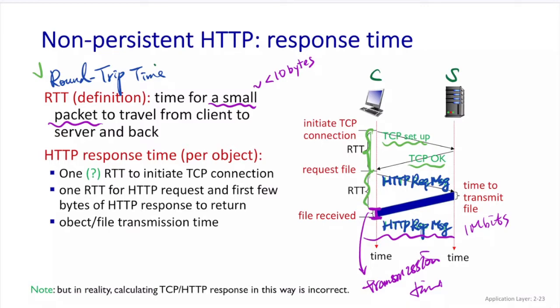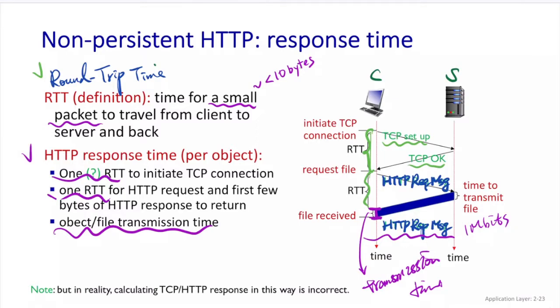Okay, so when you use non-persistent HTTP to retrieve an object, it needs two RTT. One is for initiation, the other is for transmitting the actual message. And again, it needs some time to transmit the object itself.